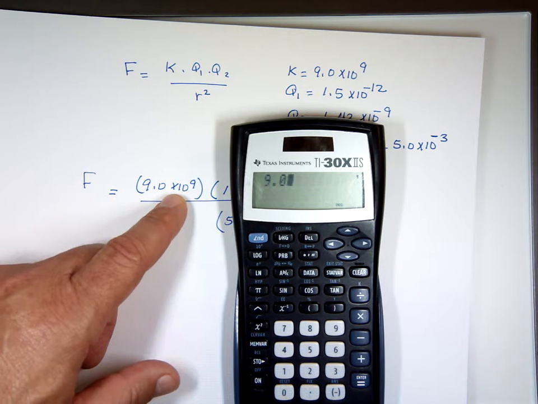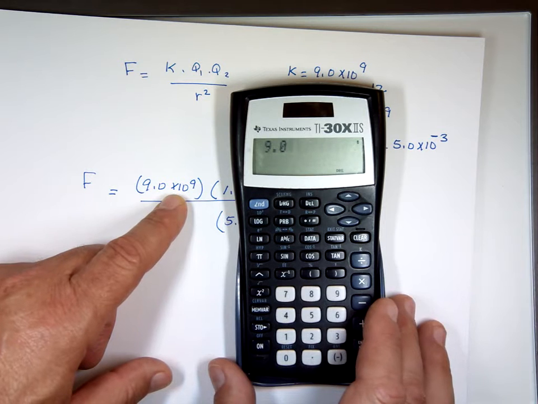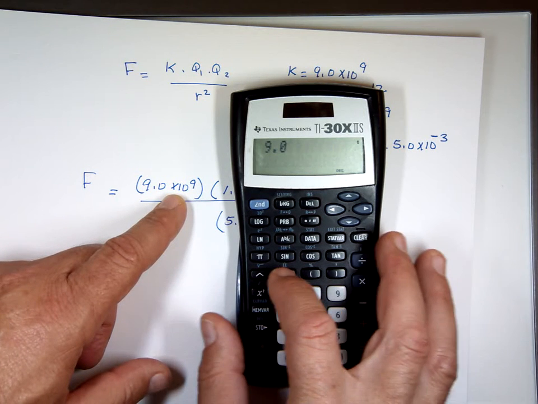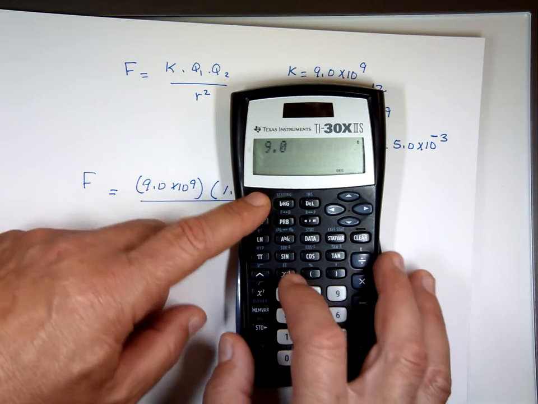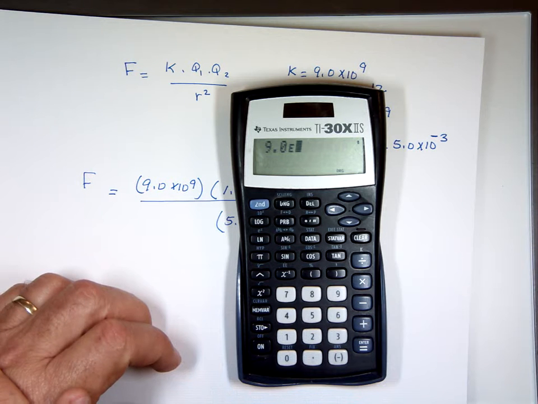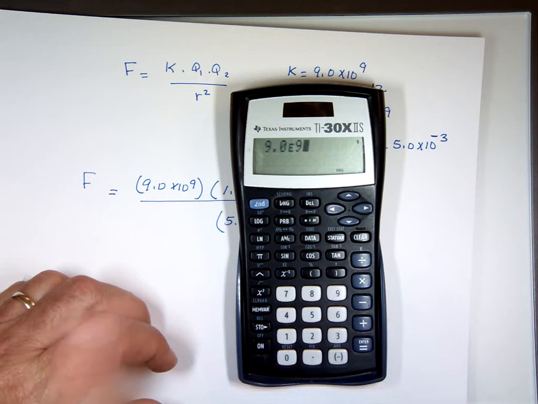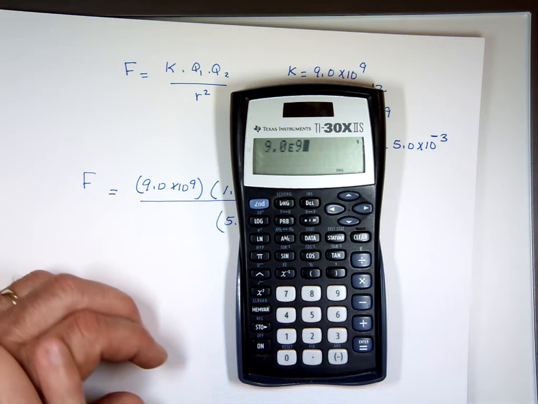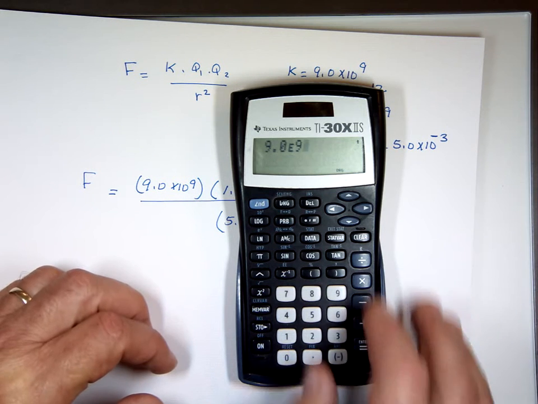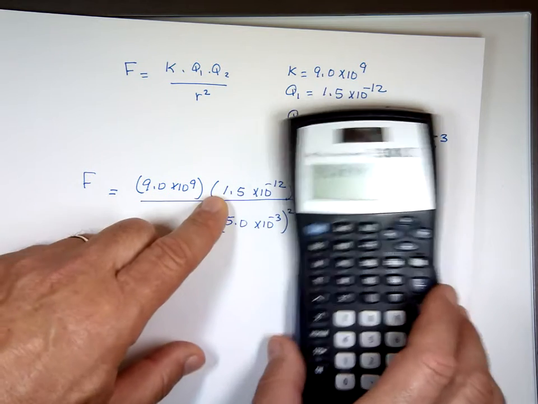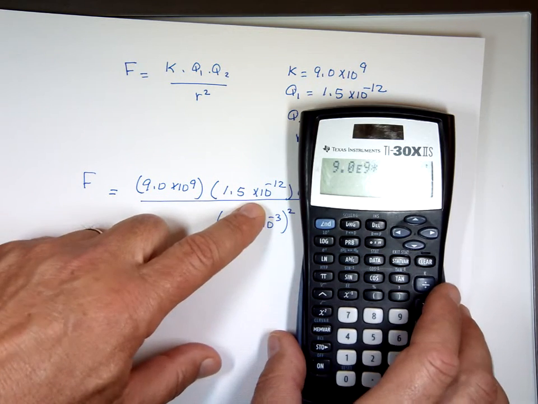On the calculator, there is either EXP or EE. This one has EE on it right here, but it's in blue. Second, I just hit that key. 9. That means 9.0 times 10 to the 9. Times. Next number is 1.5 times 10 to the negative 12.